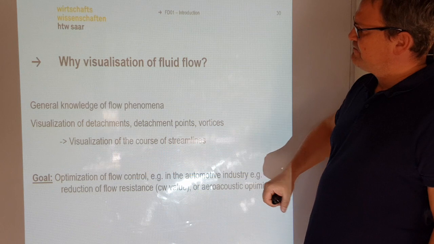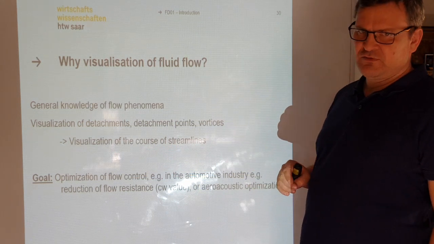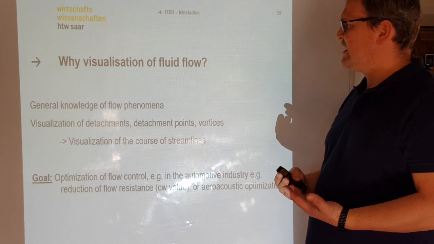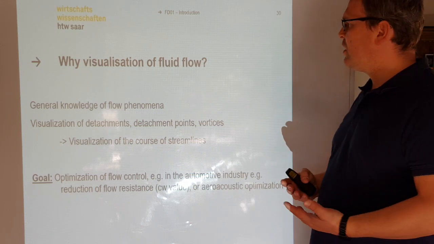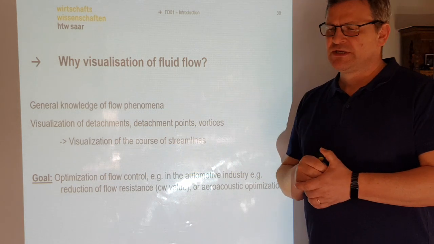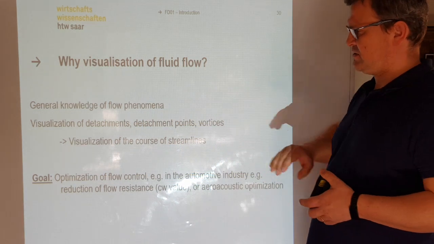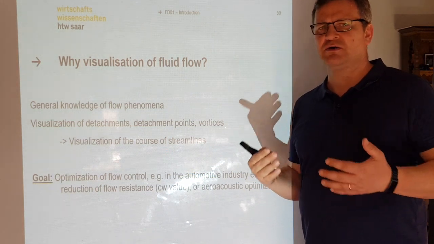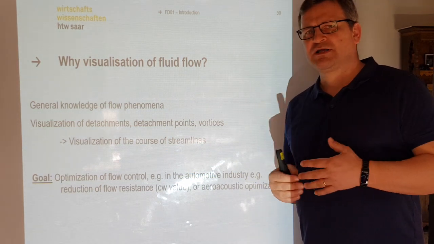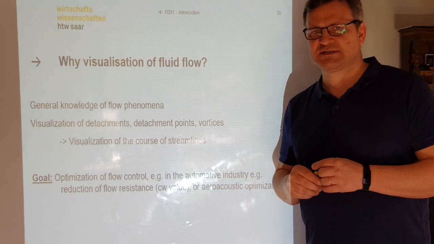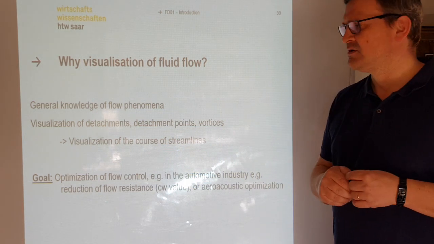So a big topic in fluid dynamics is how can we visualize fluid flow, or why should we visualize fluid flow problems? Because we want to see it. We want to see if our examinations, if our experiments are right. We have to see it, or we have to measure fluid flow.